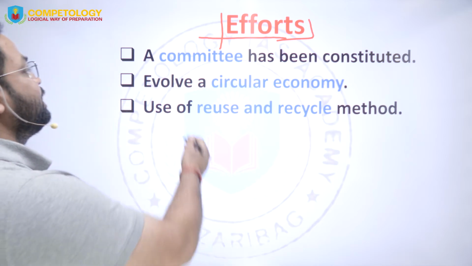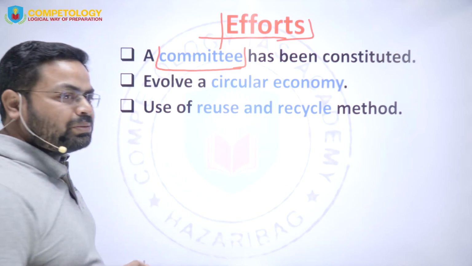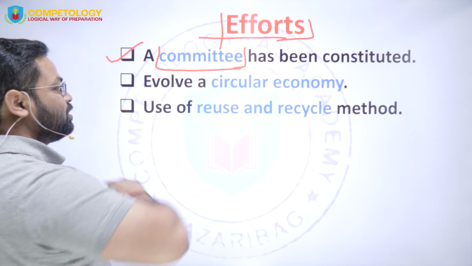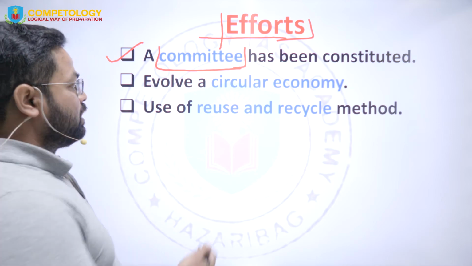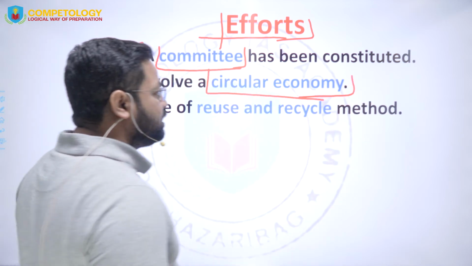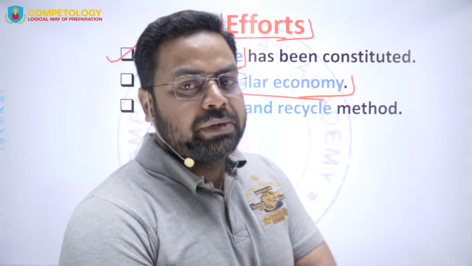The Indian government made a committee, right? So the committee has already been constituted, and the mandate of the committee is to evolve a circular economy for the management of PV waste. And how will they evolve the circular economy?